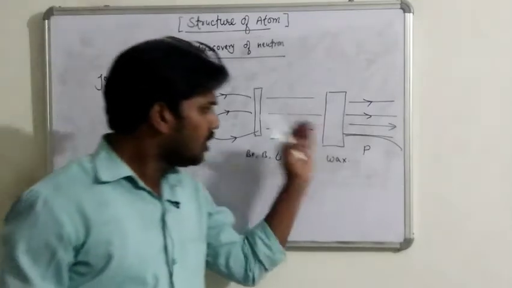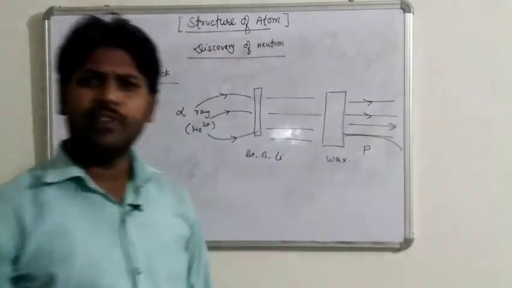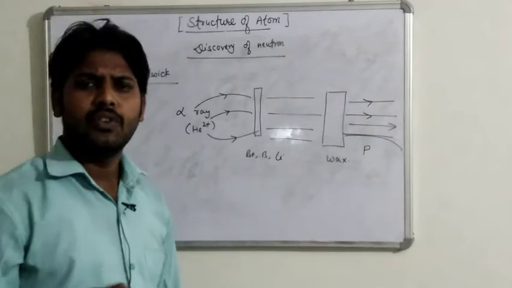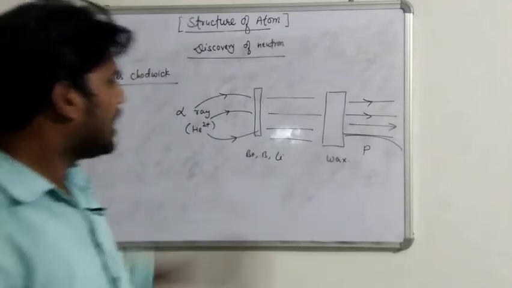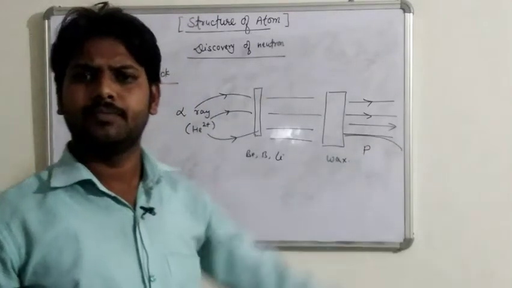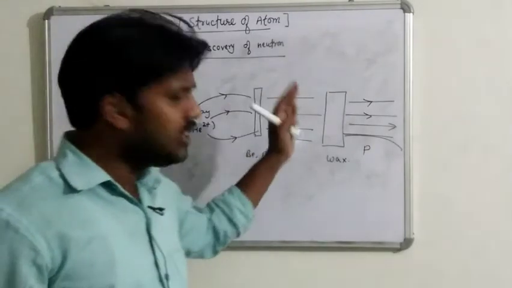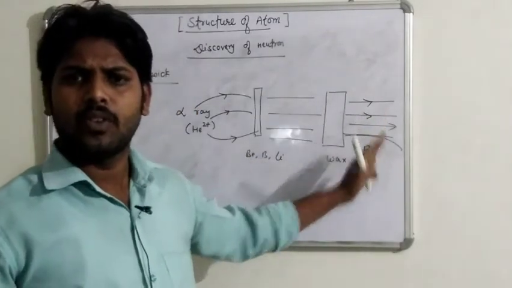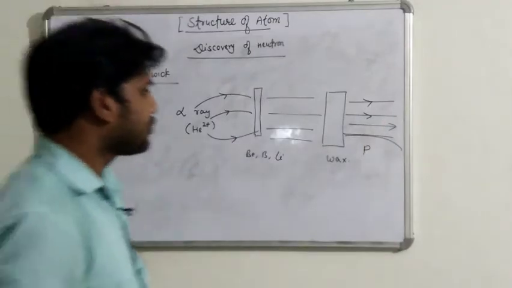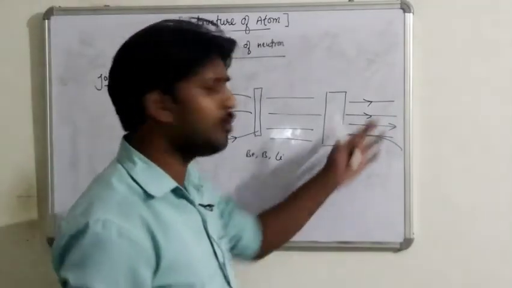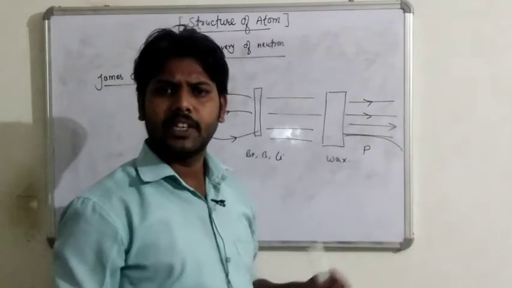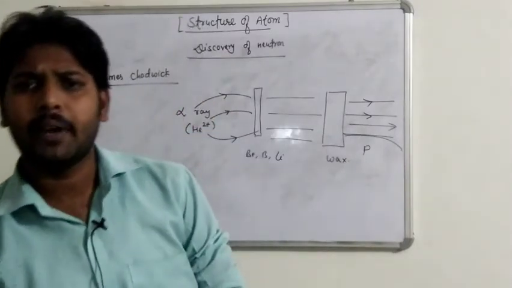A very thin radiation was penetrating the wax and going in a straight line. So when you observe that, what could be the possibility of these particles? Is it beta? Is it gamma?